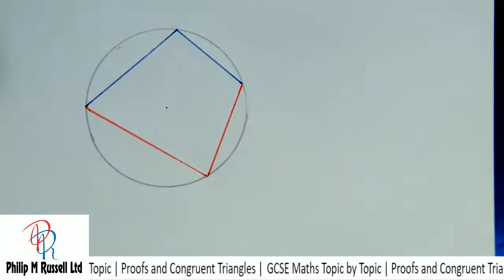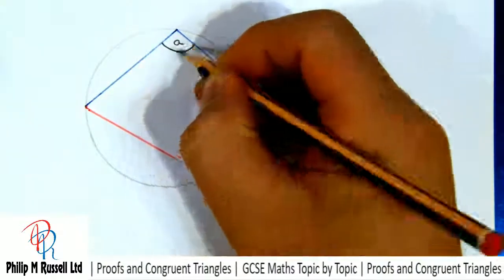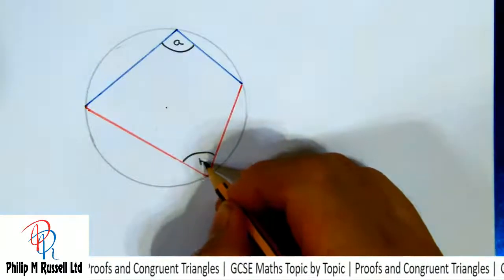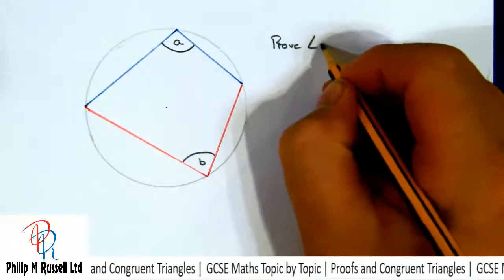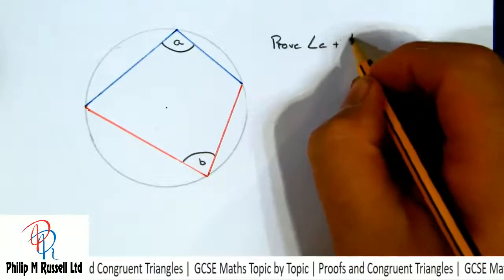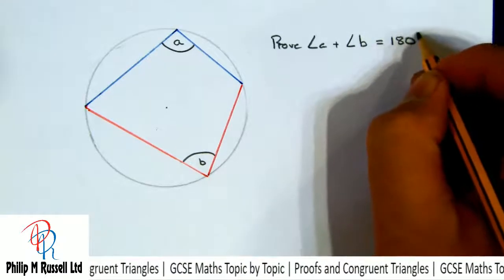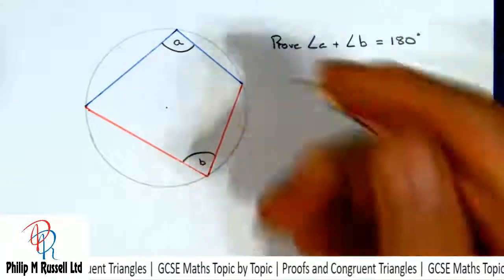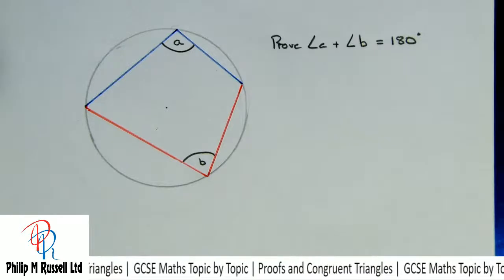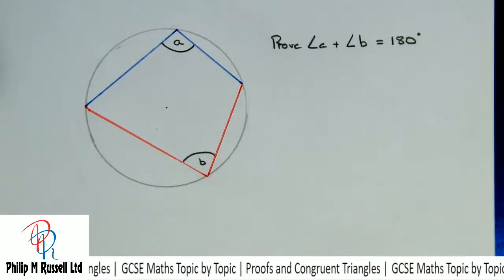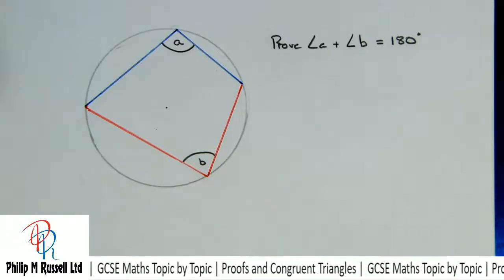Now what I need to prove in this one is that these two angles, A and B, add up to 180 degrees, because that is the formula that we've got here, that the opposite angles of a cyclic quadrilateral add up to 180 degrees. To try and do this, I'm going to bring in an extra line.